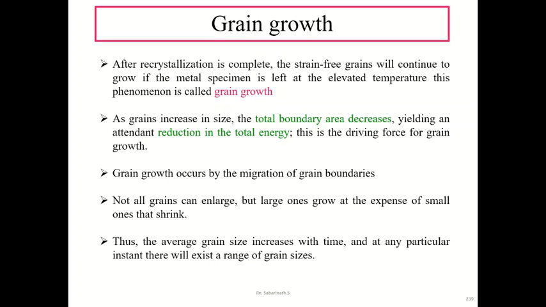Not all grains can enlarge, but large ones grow at the expense of small ones that shrink. So small grains shrink and some of the large grains continue to grow.